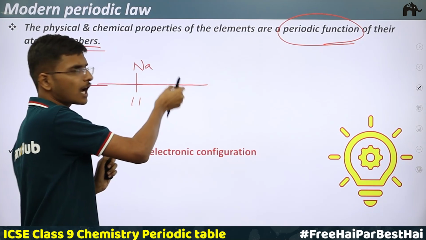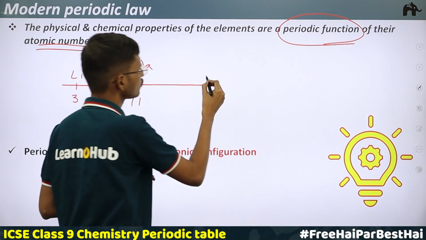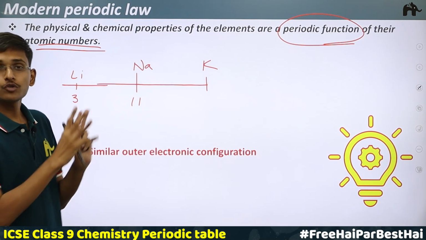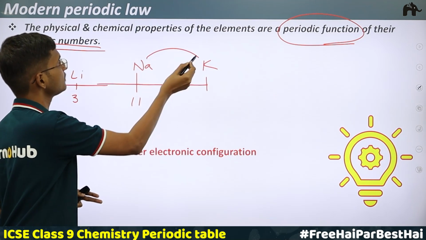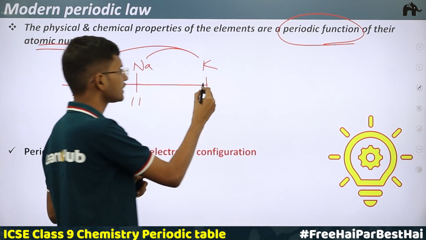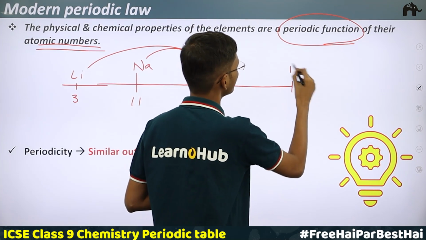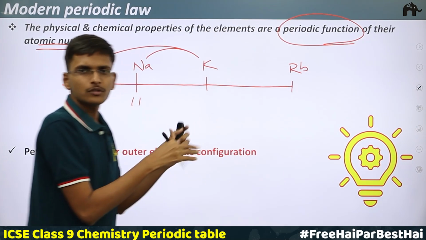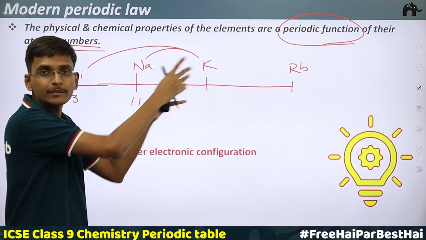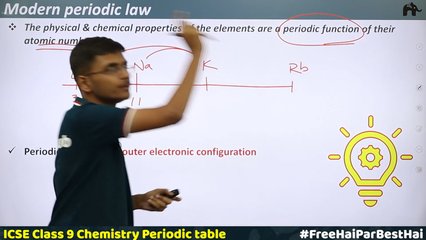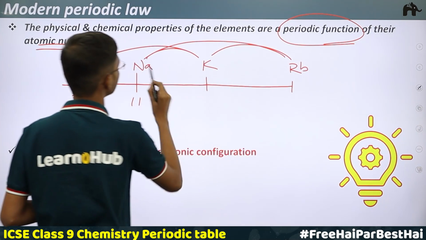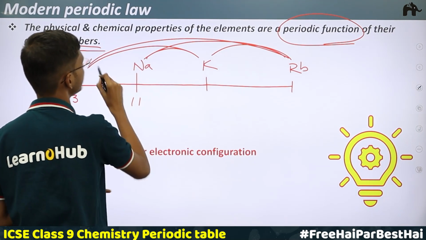to elements having higher atomic numbers and I would again encounter an element called potassium, whose properties match with sodium as well as lithium, and this continues. Again I would move ahead to elements having higher atomic numbers and reach rubidium, and this element would again have properties similar to potassium, sodium and lithium.